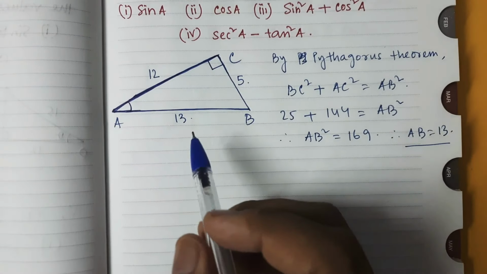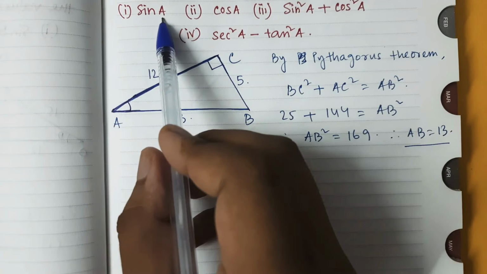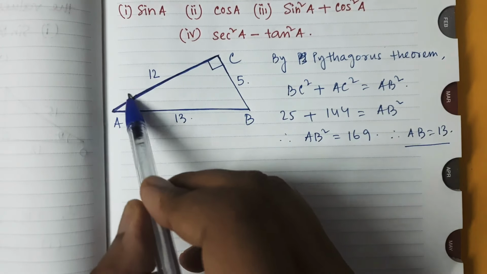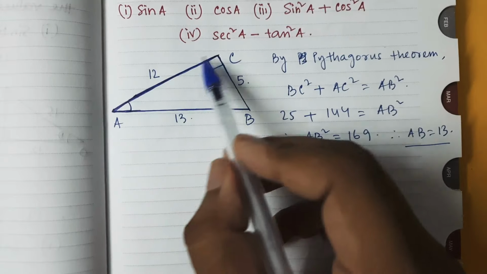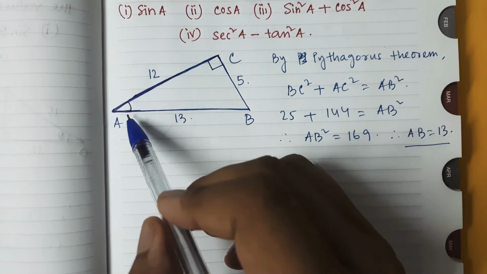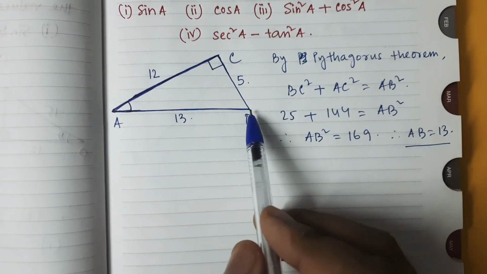Now we have all the values. Now we just need to find out what is sin A. So we are considering this angle A. That means this is the base. Base is always adjacent to the angle we are considering. And this is the perpendicular. This is the hypotenuse.